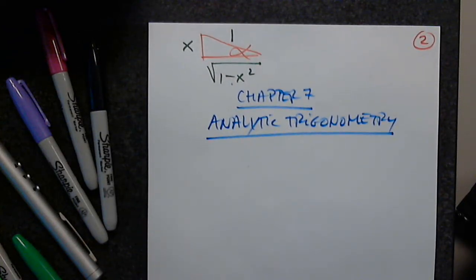A lot of identities. Of course, we are going to start with the usual ones, the basic ones, and we're going to build on them. And we are going to identify more identities. And the most important section in this chapter is solving trig equations, which basically it's covered at the end of the chapter in 2 different sections.